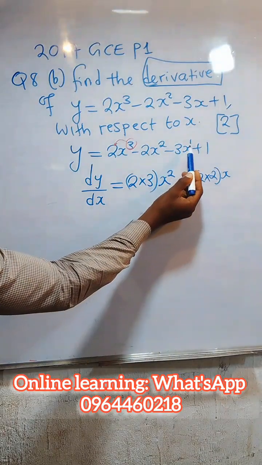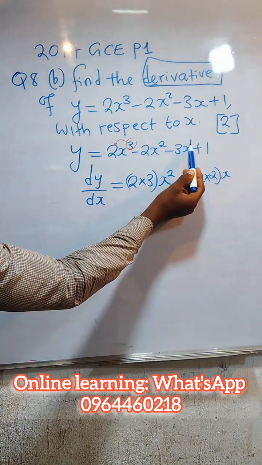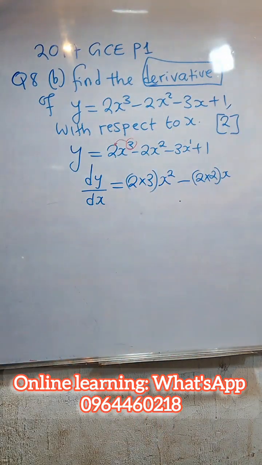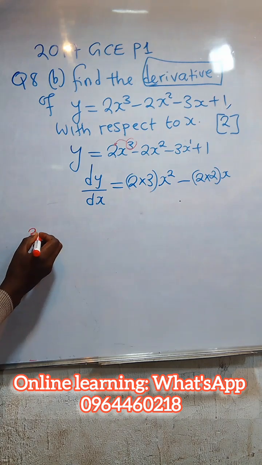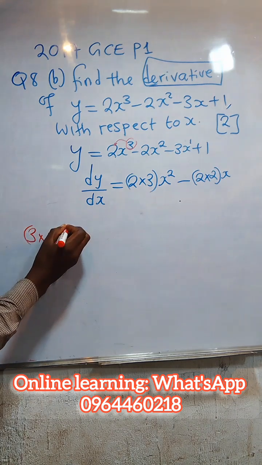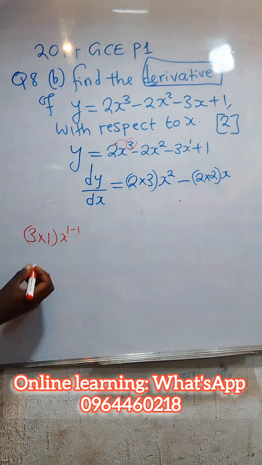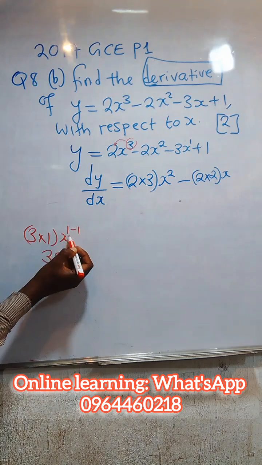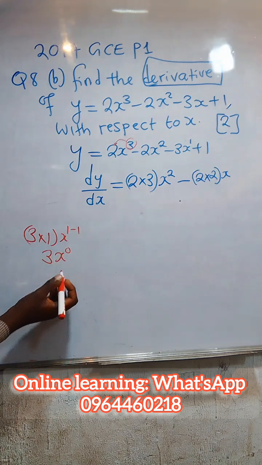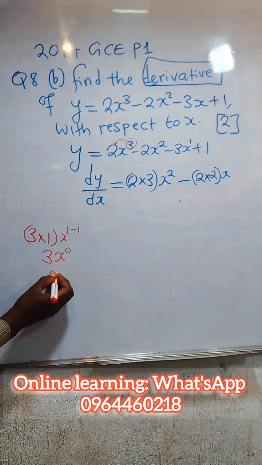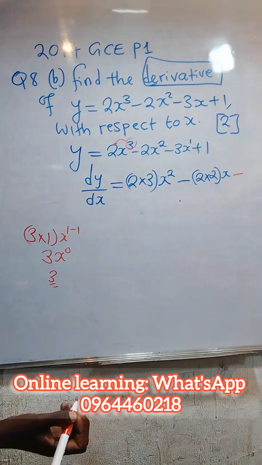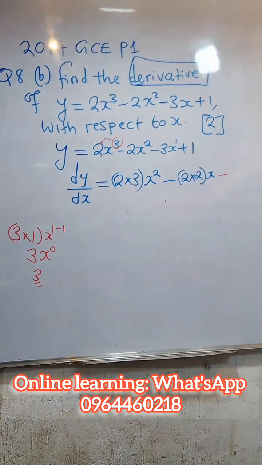This power 1 multiplied by 3 you just get 3. It's like 3 multiplied by 1, and then this power subtract 1. So it's 3 times x, now the power 1 minus 1 is 0. Anything to the power 0 is 1, so we just remain with 3. So this one is going to be minus 3.